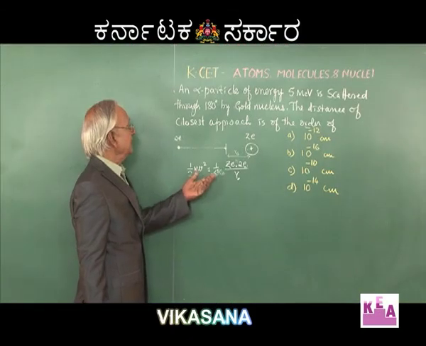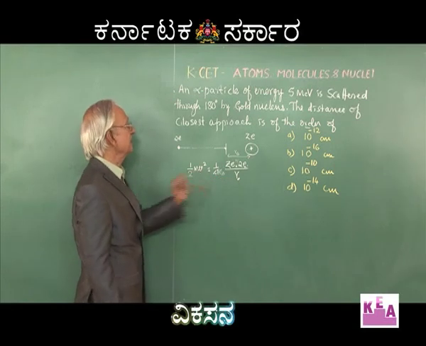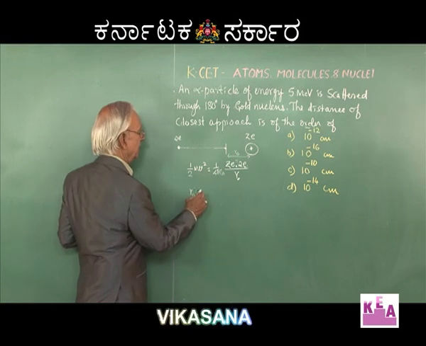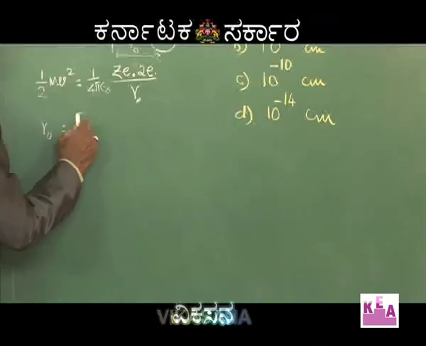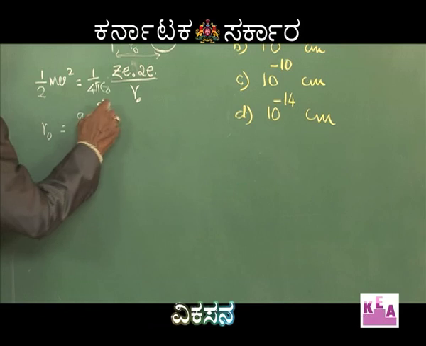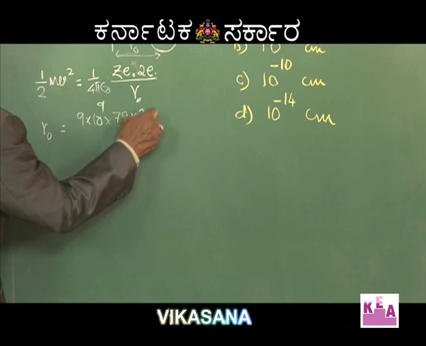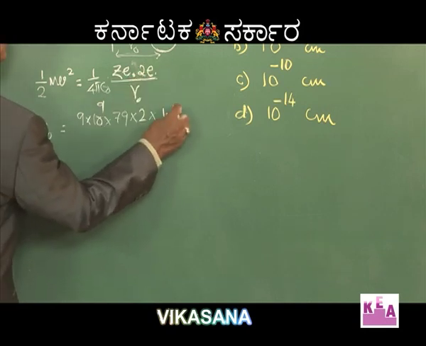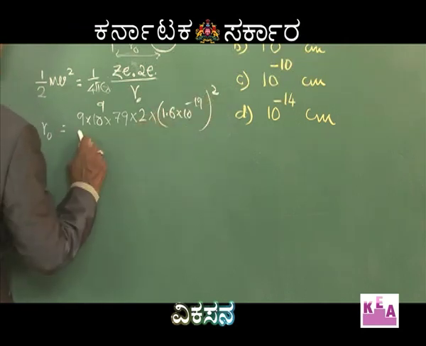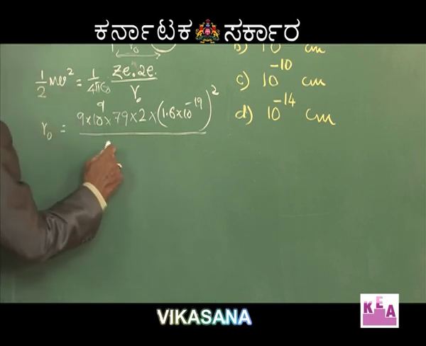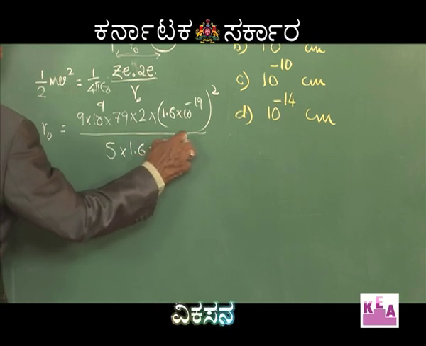So, the kinetic energy of the alpha particle is equal to the potential energy of the system, where R naught is the impact parameter. So, R naught equals, look, I will bring this kinetic energy term to the denominator, and the substitution is 9 into 10 to the power of 9, Z is 79, I will write here, and 2 I retain as it is, e square, which is 1.6 into 10 to the power of minus 19 the whole square, and this divided by the kinetic energy, 5 million electron volt, 1.6 into 10 to the power of minus 13.